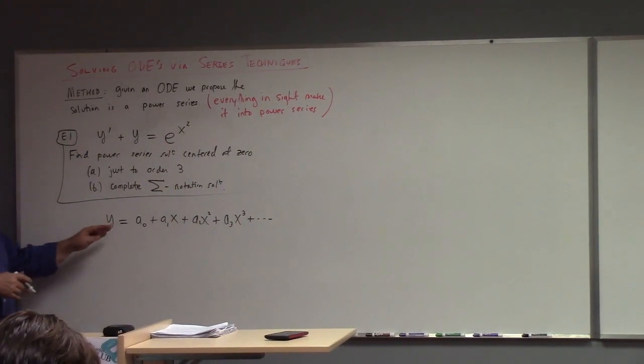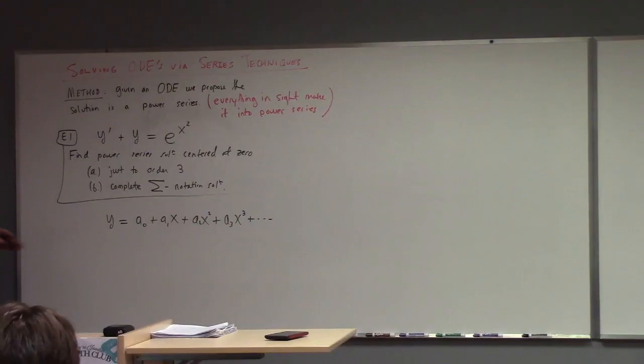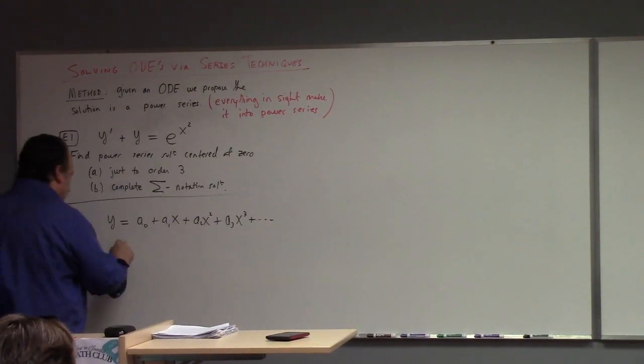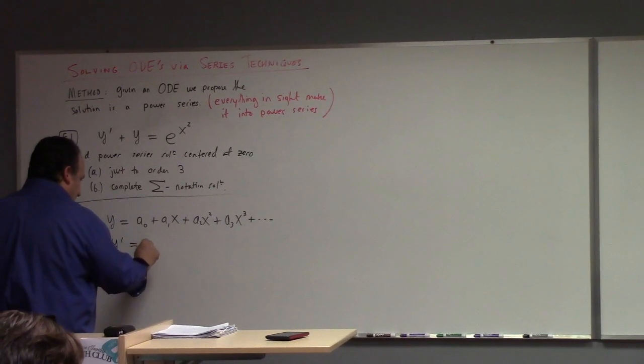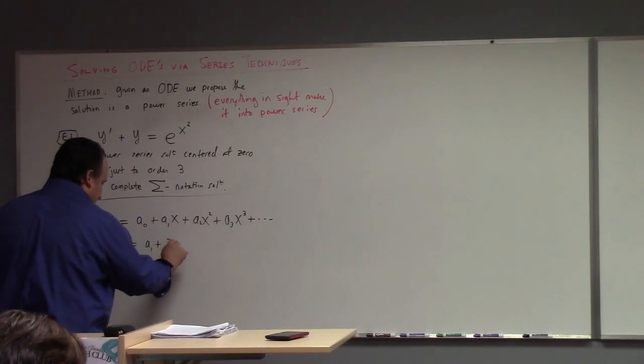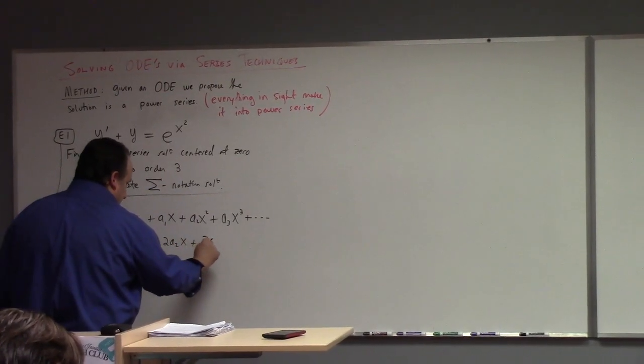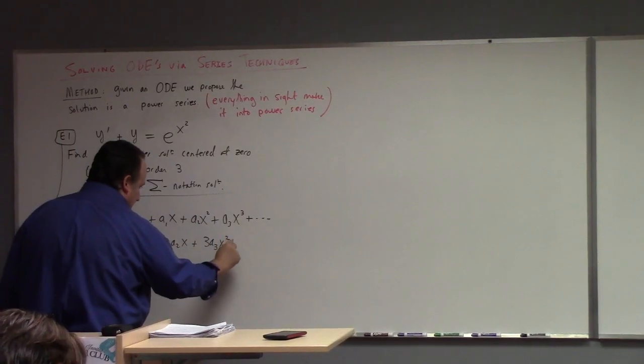Now we don't know the coefficients yet. It's like undetermined coefficients, except with infinitely many undetermined coefficients. All right, what's y prime? Well, that's a1 plus 2a2x plus 3a3 x squared and so forth.